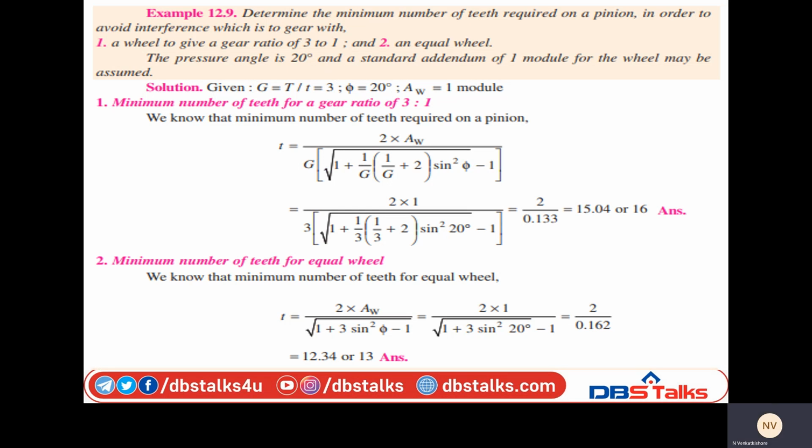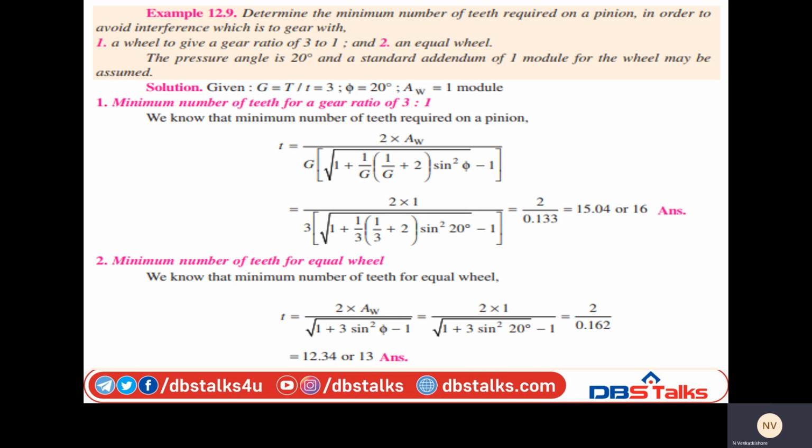Then coming to the problem, determine the minimum number of teeth required on a pinion in order to avoid the interference of the wheel which is in gear with a wheel to give a gear ratio of 3 to 1. 3 to 1 means 3 is to 1.